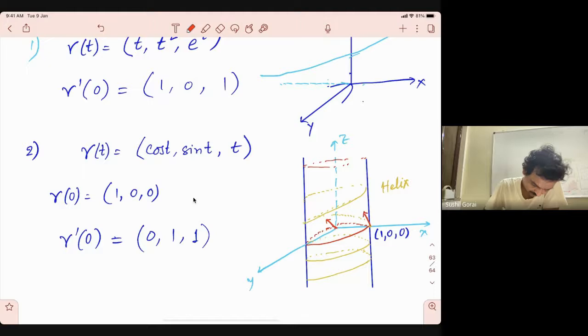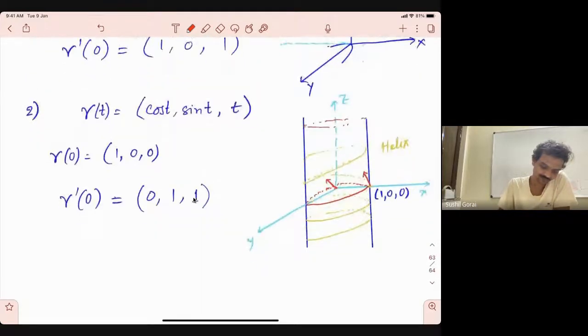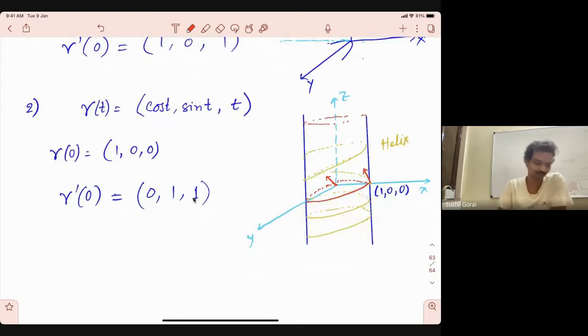Does it make sense? You can look at the picture in GeoGebra or any other app if you like.